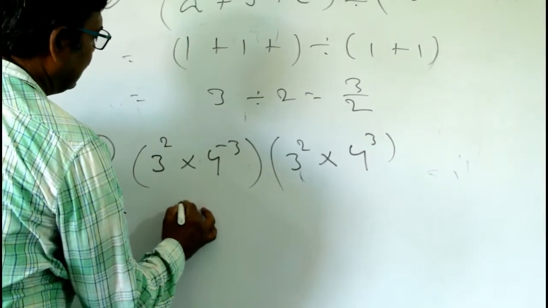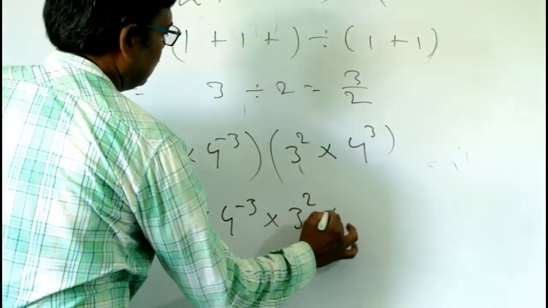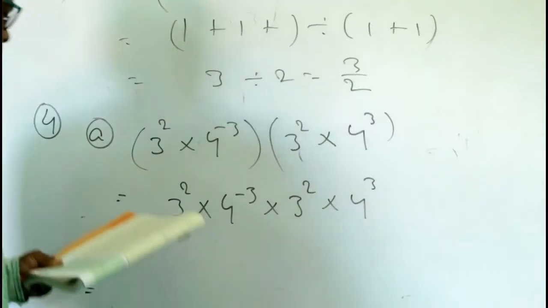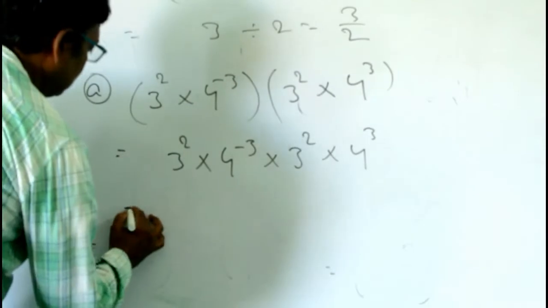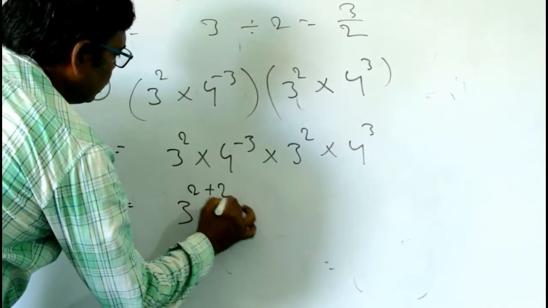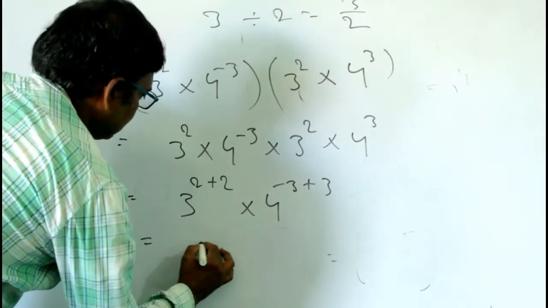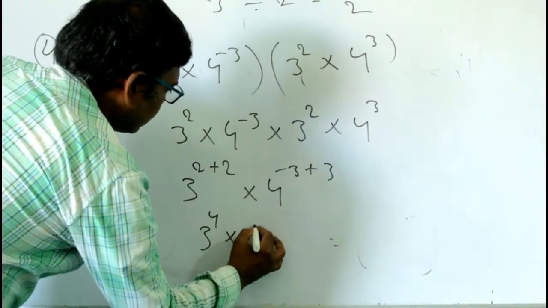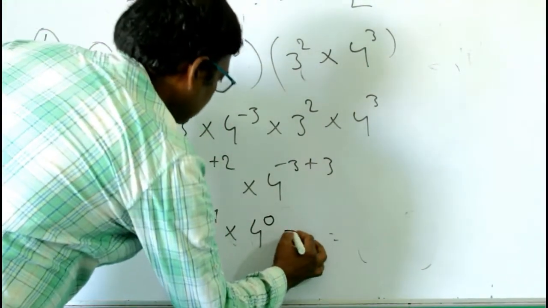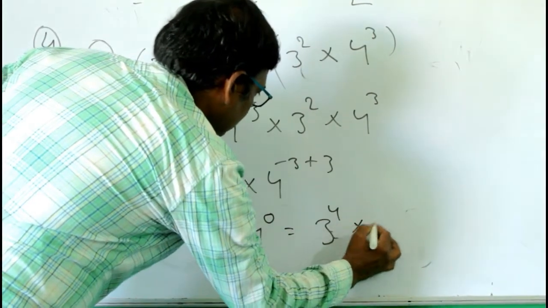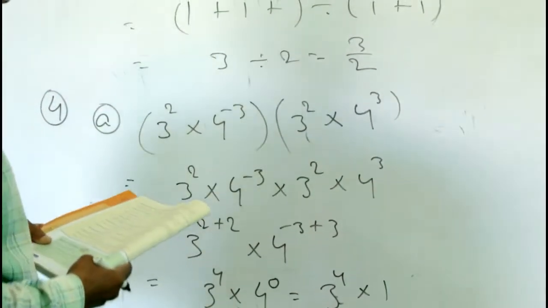You can write this as 3^2 4^-3 into 3^2 into 4^3. Now you can combine these: 3^(2+2) into 4^(-3+3). So it will be 3^4 and 4^0. So in this case it will be 3^4 into 1, that is equal to 81. So this is the answer in this case.